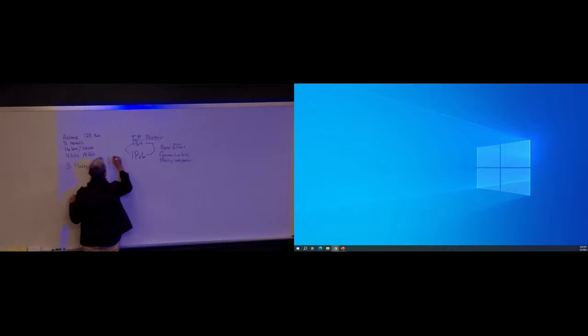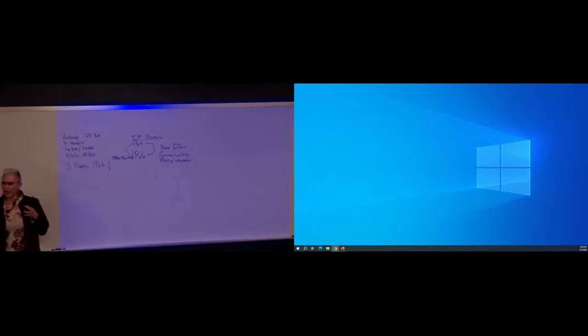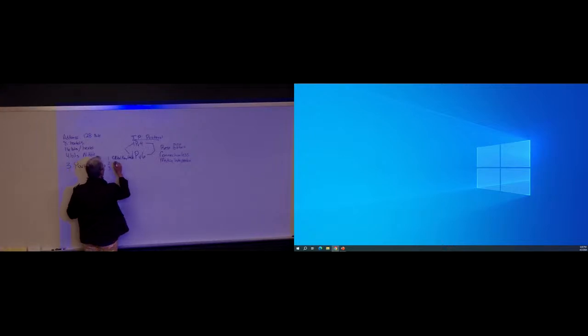I'm going to call it global routing prefix. Global prefix is good too, routing is a little more specific. Then the subnet ID, and the interface ID.